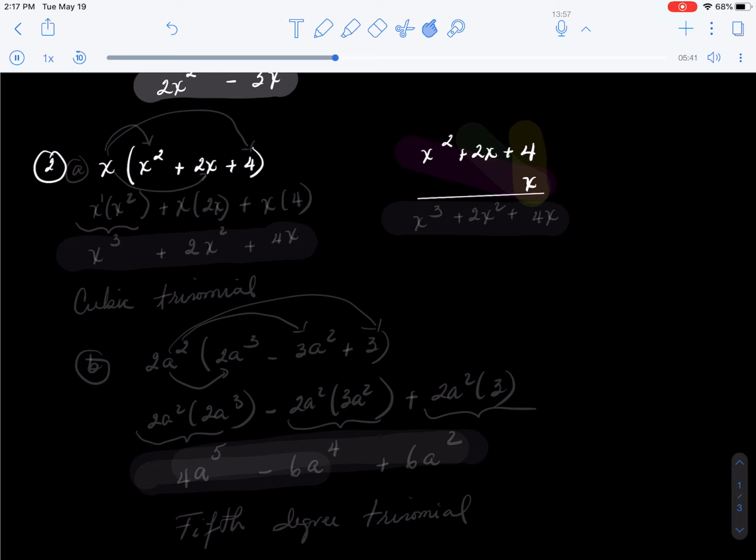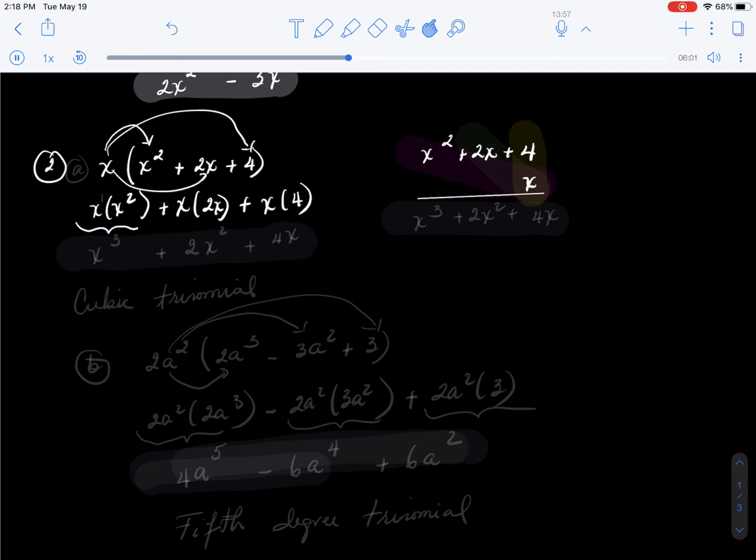It's going to be x times x squared plus x times 2x plus x times 4.